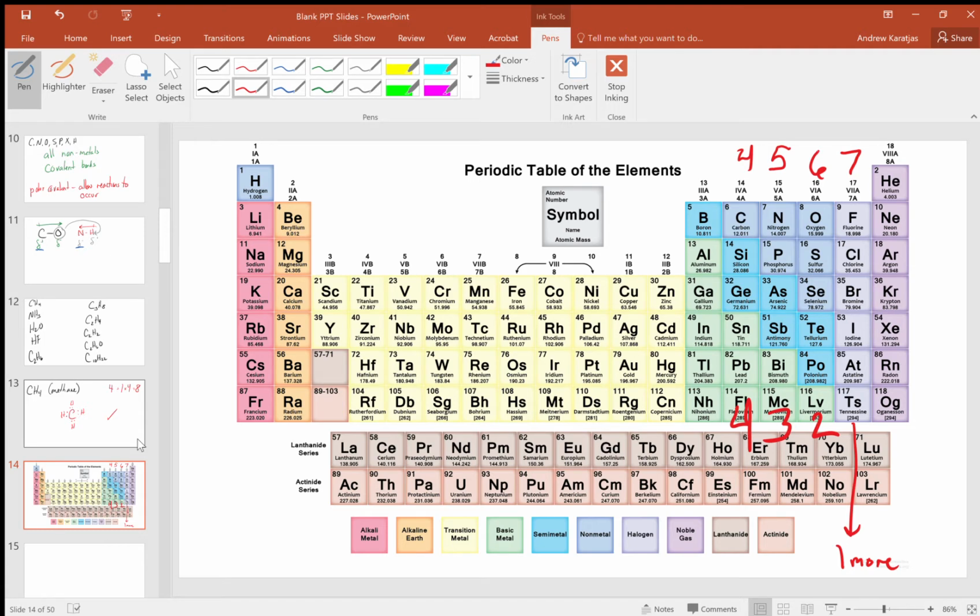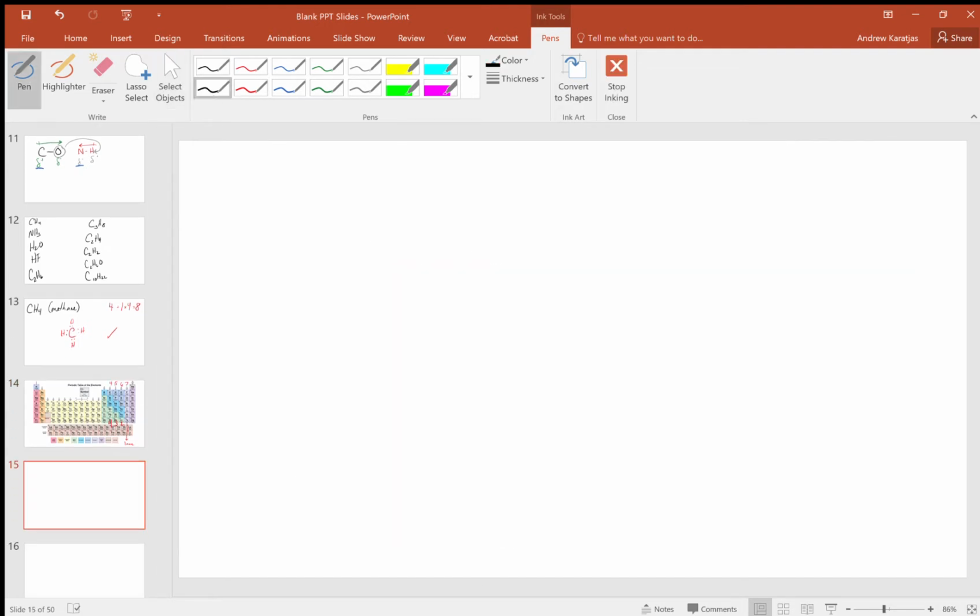All right, what was our next example on here? Ammonia, NH3. So we can go through the same way that we have and count up the number of valence electrons and draw it out. Or we can just think about the fact that we know that nitrogen has 5 valence electrons and needs 3 bonds.